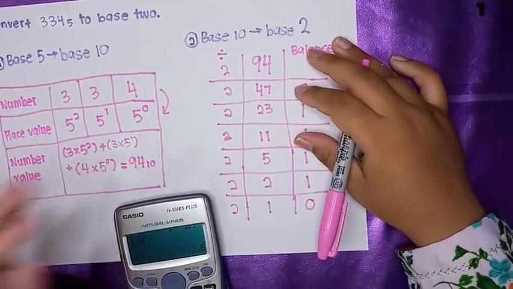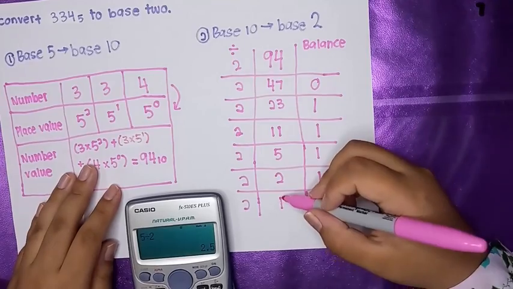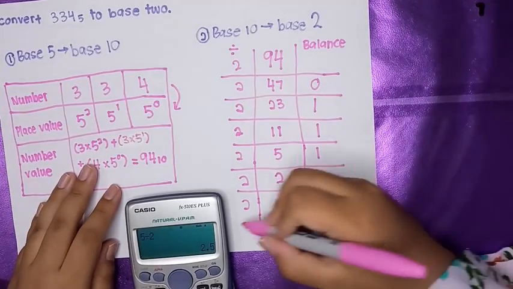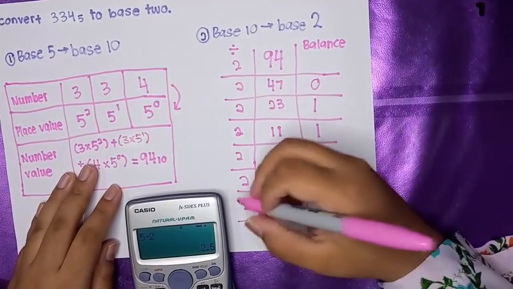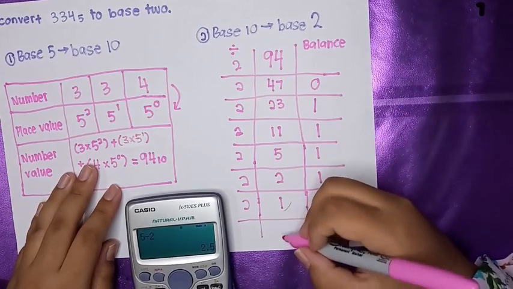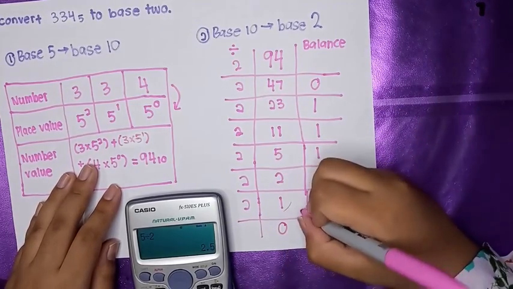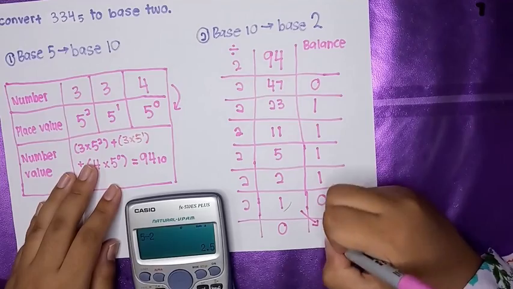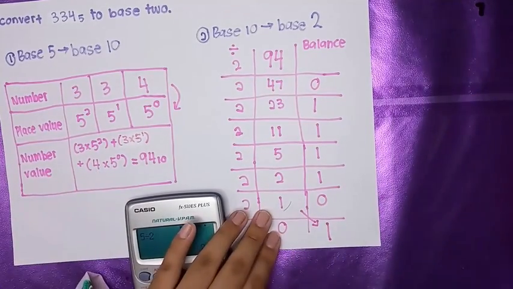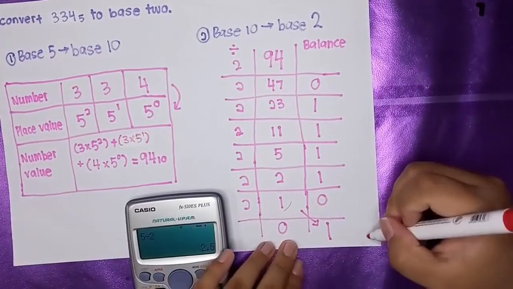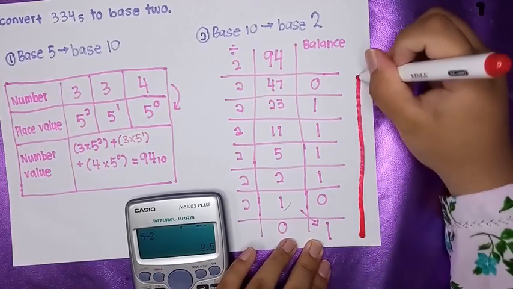And then for the last one, we get this number. This number is higher than this, so here we're gonna put 0, and 1 we're gonna move to here. Okay, 1. How to read the answer is from down to up.